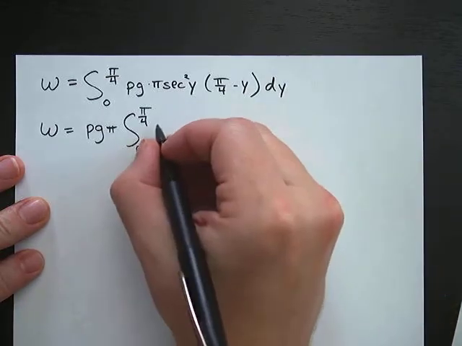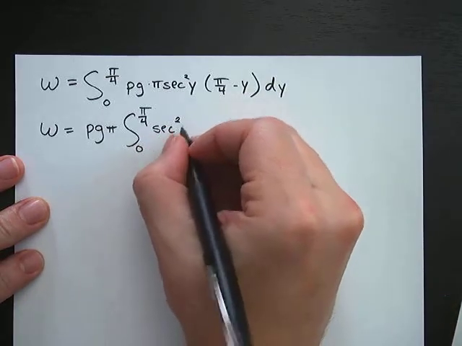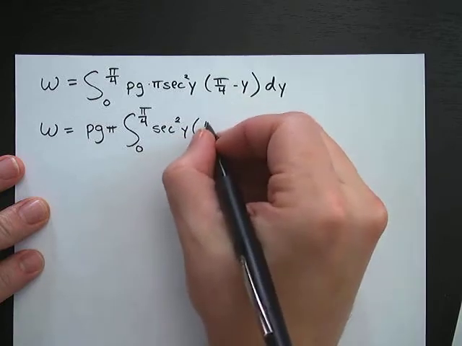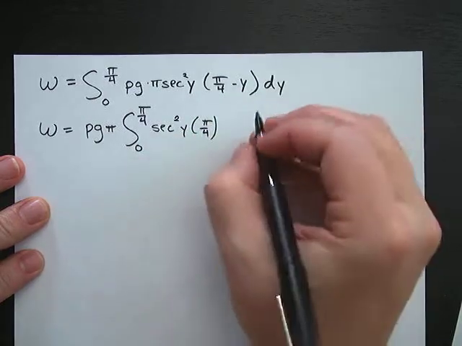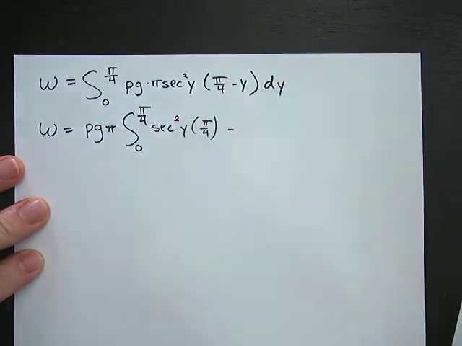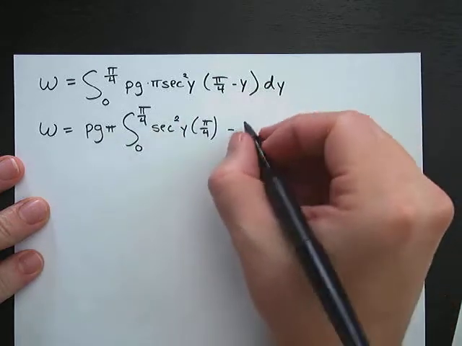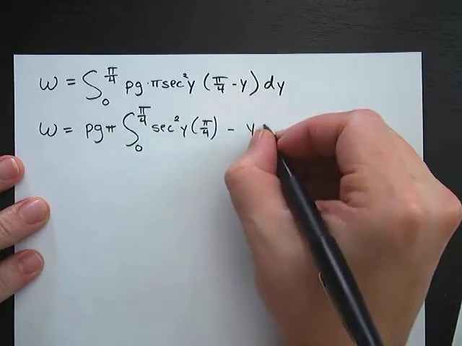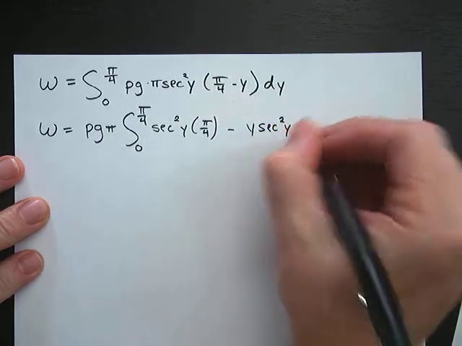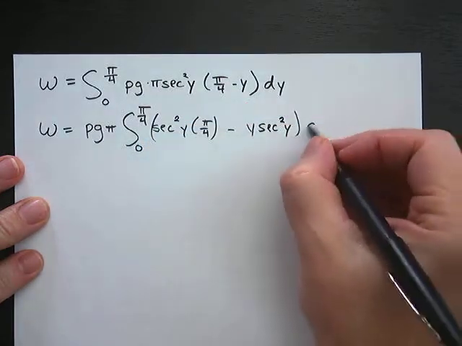So we get secant squared y times pi over 4, and then minus, and I probably should have put the pi over 4 at the beginning. I'll take care of that in the next step. And then minus y times secant squared y, and that's all with respect to y.